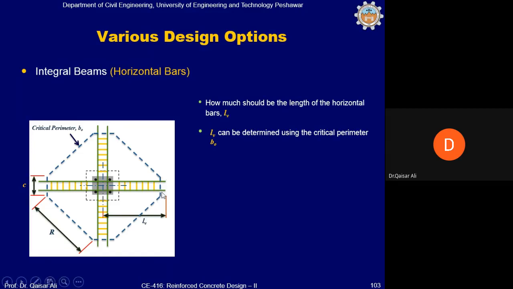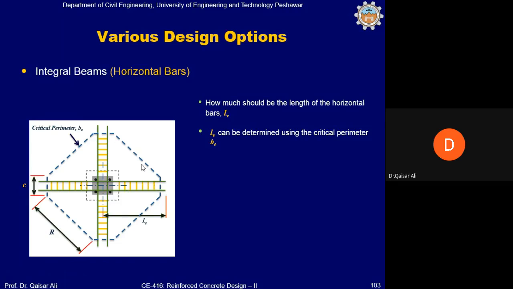These 4 diagonals will be added, 4 diagonals, 1, 2, 3, 4, and the vertical side, this side, is basically the column size. So if this is R, 1R, 1, 2, 3, 4R plus column size on this side and column size on this side. So if column is square, then the total perimeter, which is the new critical shear perimeter after the integral beam has been provided, will be equal to 4R plus 4C.